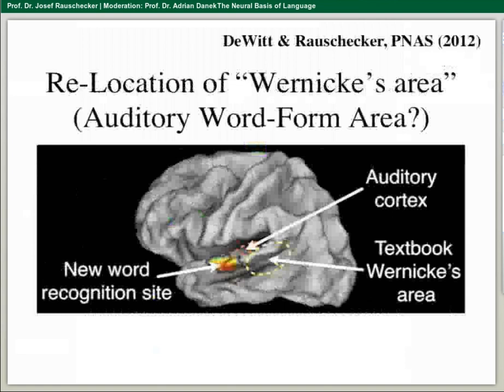Now, the other possibility is, of course, to redefine Wernicke's area and say, okay, maybe we were wrong in the first place to say Wernicke's area is where speech is processed. It undeniably has something to do with speech and language, because people who have lesions there have problems with speech and language, but it may not be the coding of the speech sounds that happens there. Maybe something else happens there. And that something else is now the center of everybody's attention.